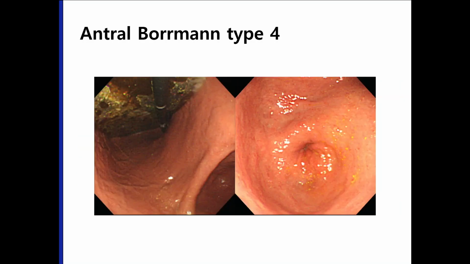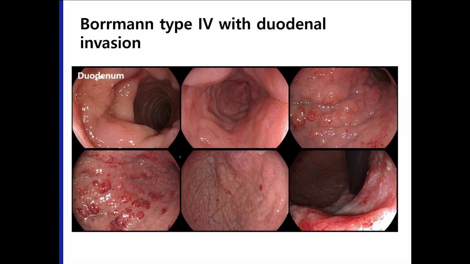Antral Borrmann type 4 is one of the most difficult cases because there may be no definite mucosal lesion even after obstructive symptoms. This is a huge Borrmann type 4 involving almost the whole stomach.